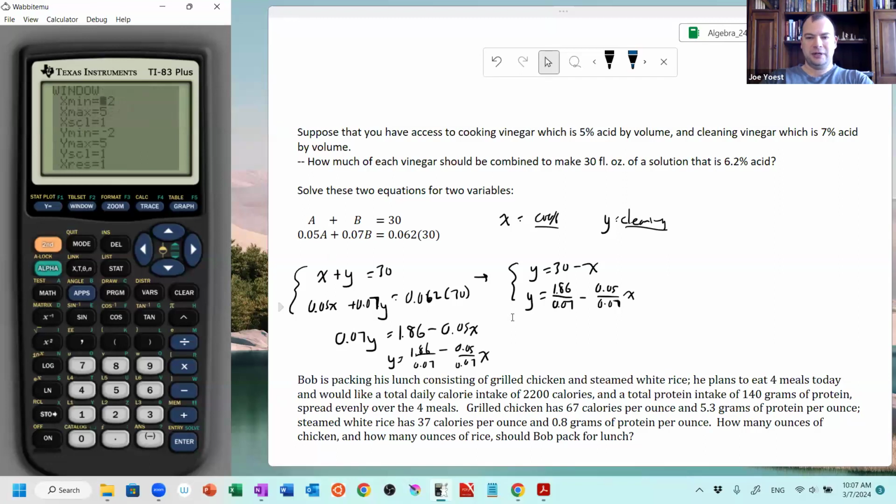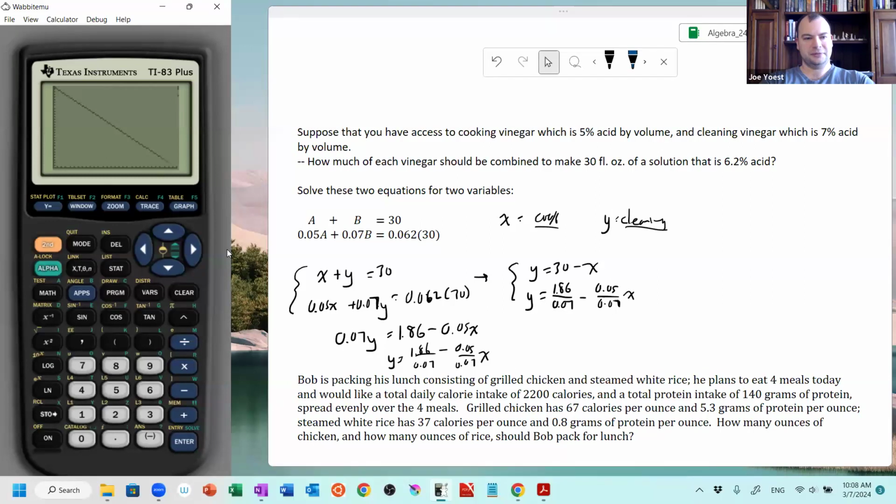I'll go to my window, and I know that x has to be between 0 and 30. The amount of cooking vinegar that I use has to be between 0 and 30 fluid ounces, as does y, the amount of cleaning vinegar. So I'll set my window 0 to 30 on both of those, just because from the context of the problem, that's sensible.